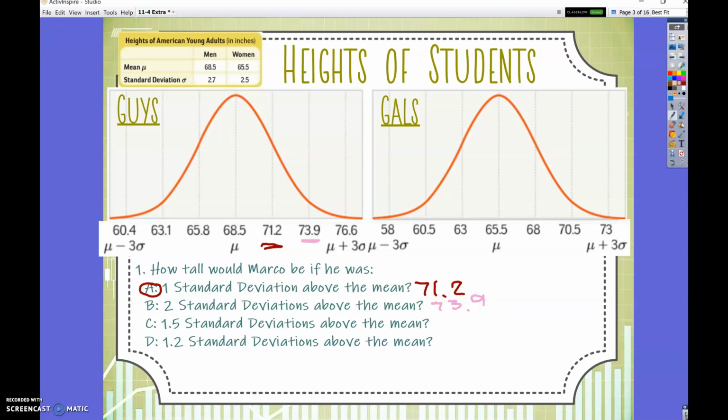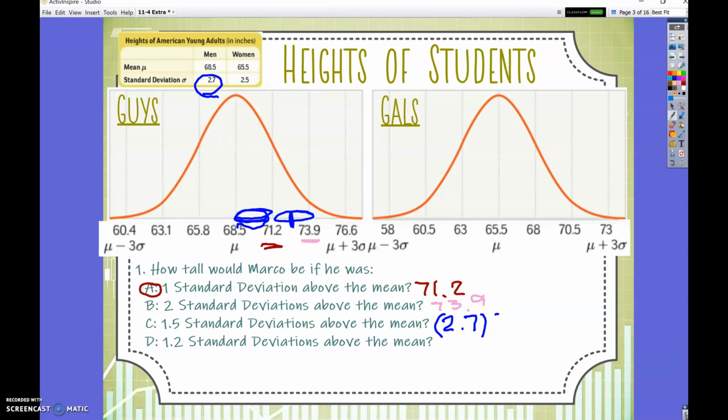But now he's actually 1.5 standard deviations above the mean. Now there's a few ways you can do this, but let's think of it this way. Each space between each of these lines, if you will, is 2.7. Every increment on this bell curve for the gentleman is 2.7 inches. We want one group of 2.7 plus a partial of another.